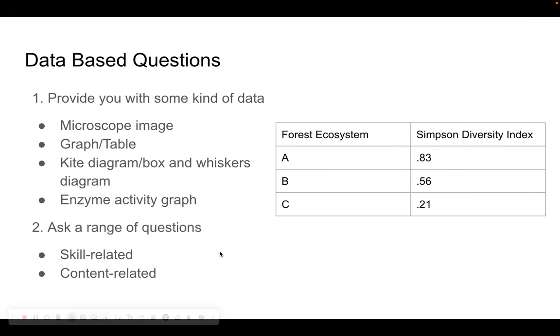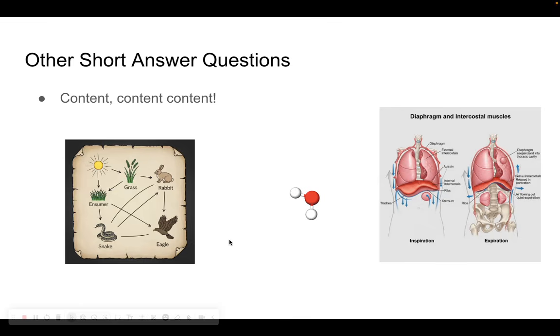All right. And then you have other short answer questions, and these are just content. A lot of times they'll give you a picture, like here's a food web. They could ask you to find individuals at different trophic levels in the food web.